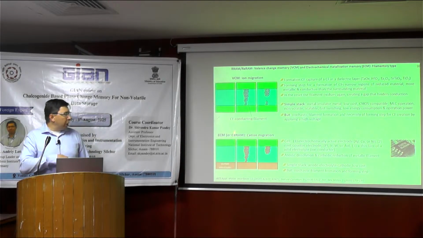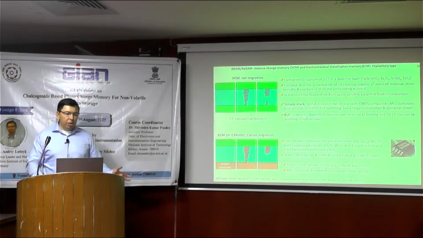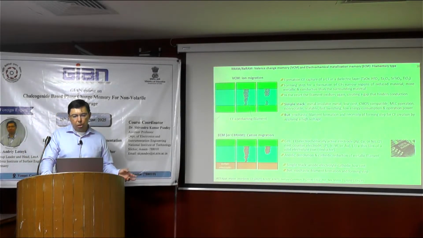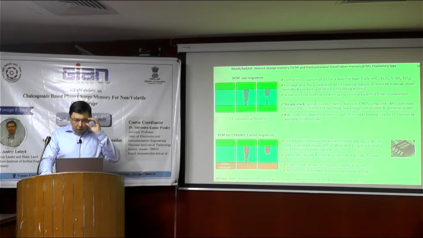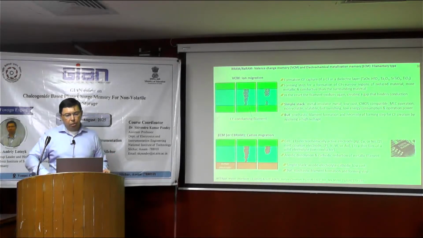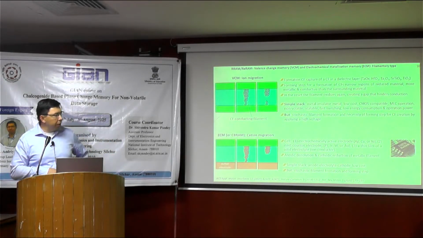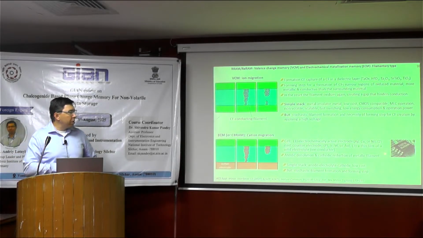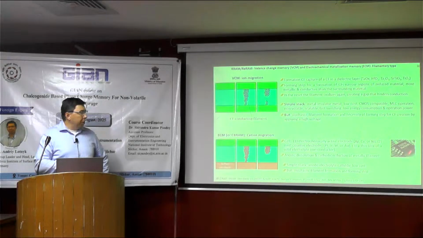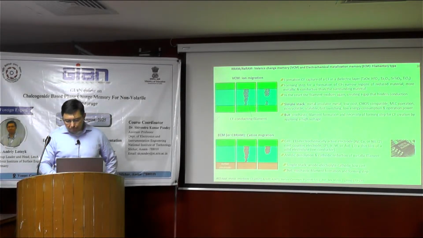Stochastic filament formation is a non-controllable process, and this is one limitation. Companies maybe do not like to use such memories, but anyway, there are some ReRAM products; I found one from Fujitsu.